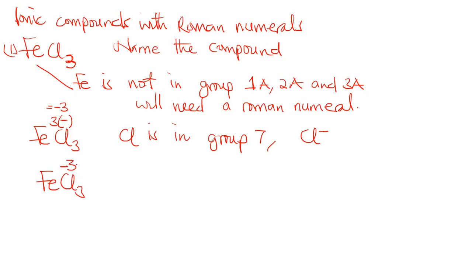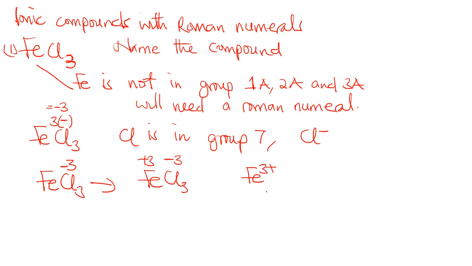Since you have -3 here, the Fe must have +3. So the Fe should be given as +3.